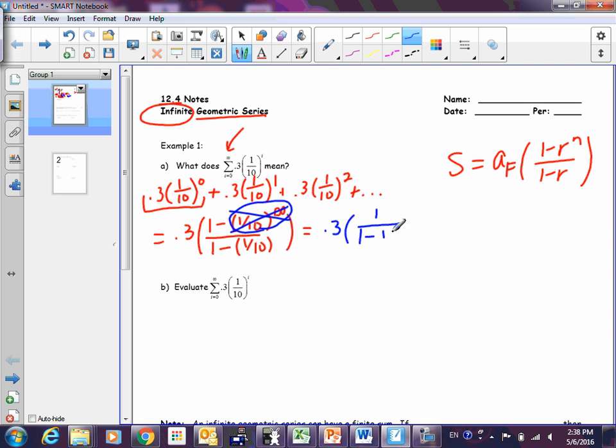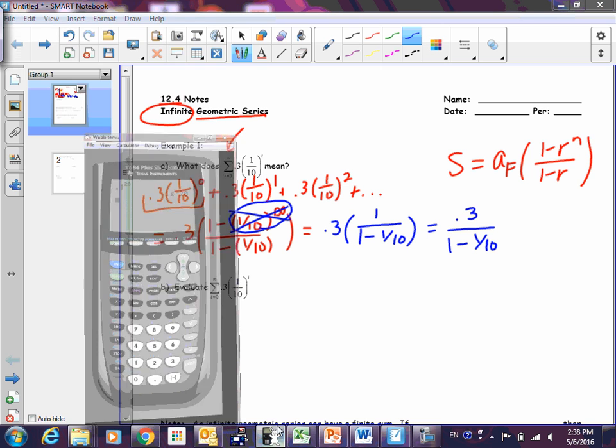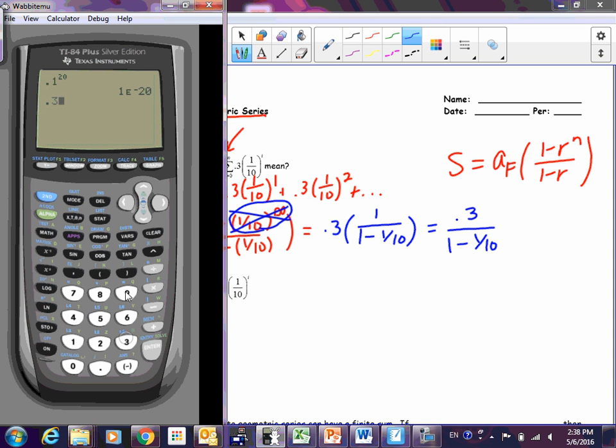And then on the bottom, we have this. Now, the way we're going to write this formula is they're actually going to go ahead and move this first term to the top. So I wanted to lead you to this new formula. Okay, so let's go ahead and type that in. 0.3 divided by parenthesis 1 minus, and you can either use 0.1 or you could go ahead and use 1/10.